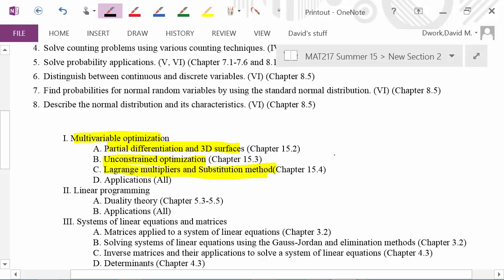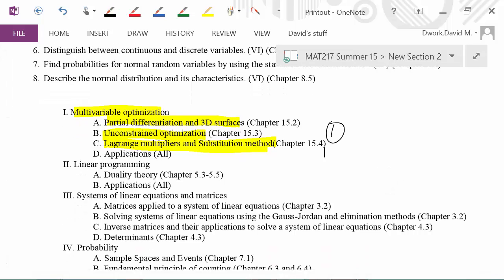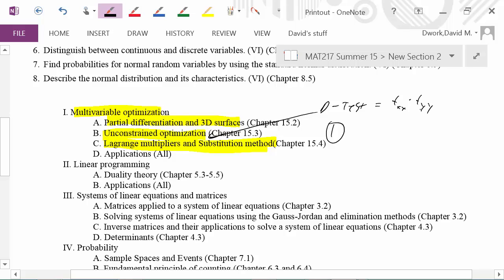I won't tell you which type, but one will be on the test, one problem, where you're just going to have to find a partial either using the d-test if it's unconstrained. Unconstrained is where you use that d-test, which, if you don't remember, that's f of xx times f of yy, excuse me, the second partial derivative with respect to x times the second partial derivative with respect to y, minus the second partial with respect to x, then y quantity squared, that test.